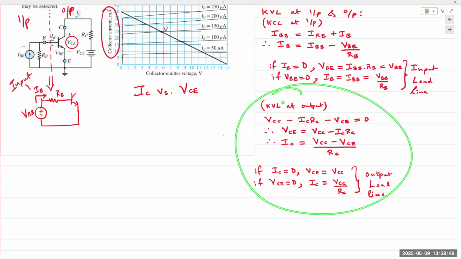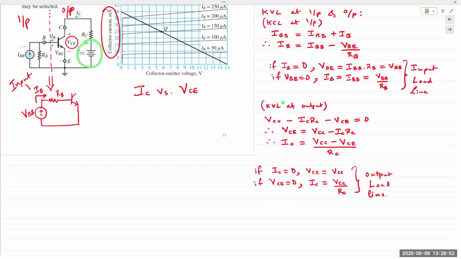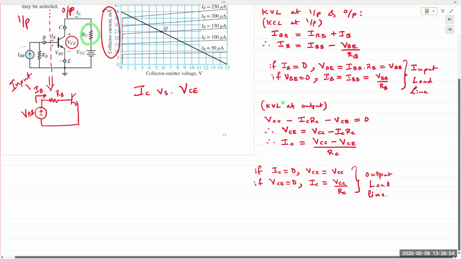Okay, so now KVL at the output. If you apply KVL on the output side, you have VCC, you have the voltage drop across RC, and you have VCE, three voltages. So we can write VCC is equal to ICRC plus VCE. And then VCE is equal to VCC minus ICRC.